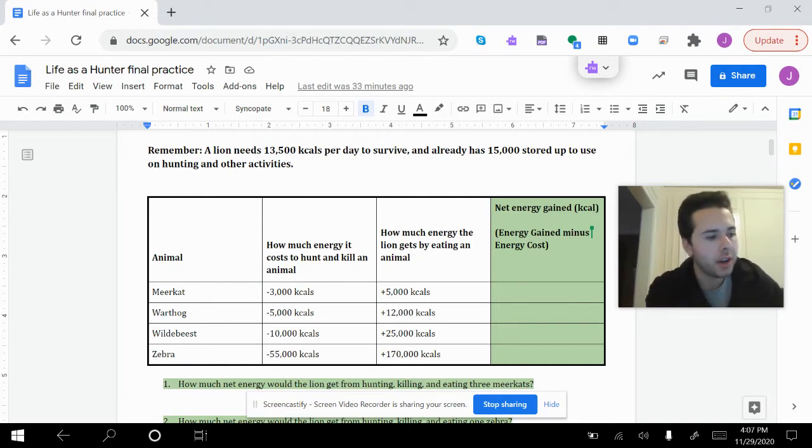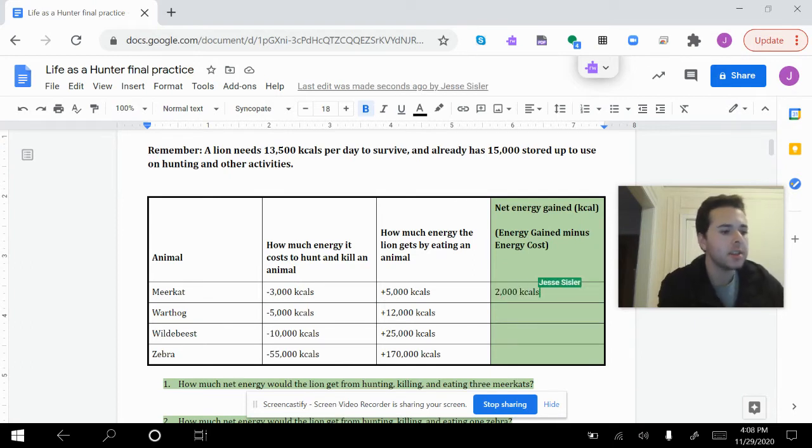Okay, and what you should end up with is for a meerkat, our net energy is 5,000 minus 3,000. And I should mention you can use a calculator, do it by hand, whatever you prefer for your addition and subtraction. But 5,000 minus 3,000 is 2,000 kcals, which means that after hunting and killing and then eating an animal, the lion has gained 2,000 kcals.